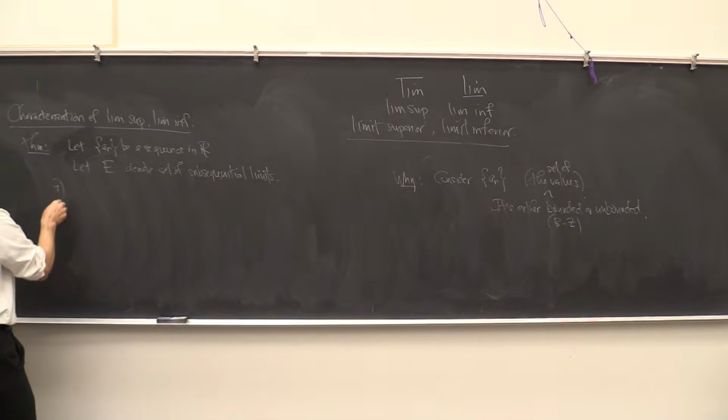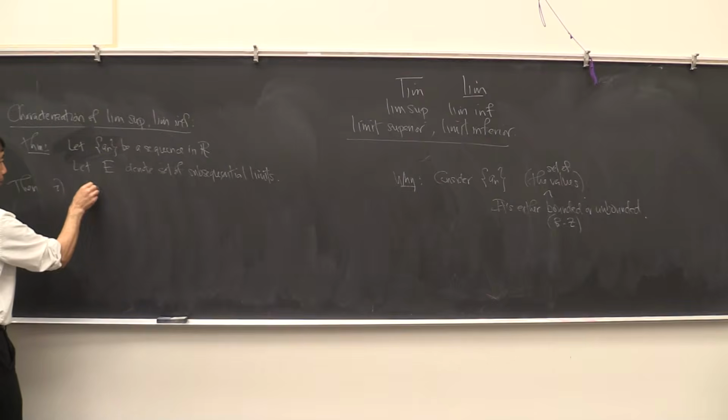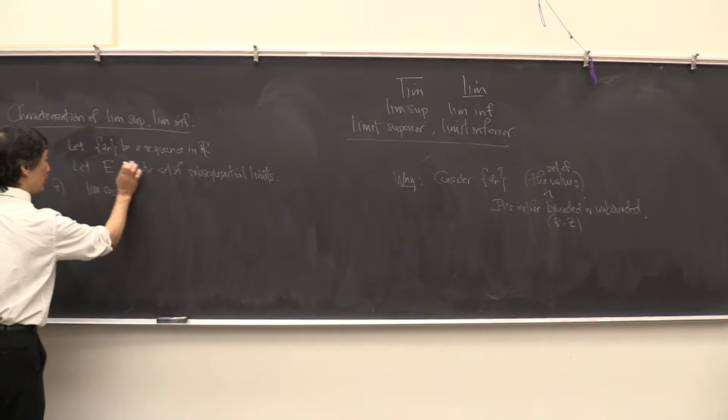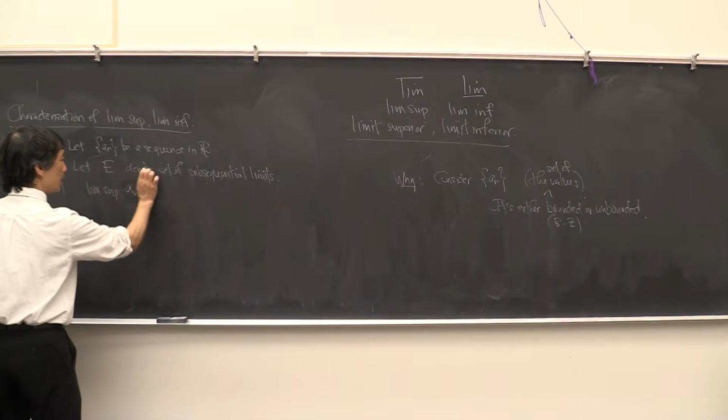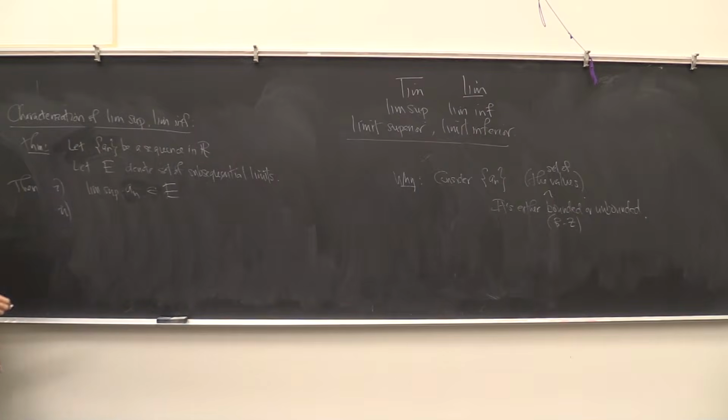Then the lim sup of a sub n, which is the sup of E, actually is in E. So the lim sup is itself a subsequential limit.